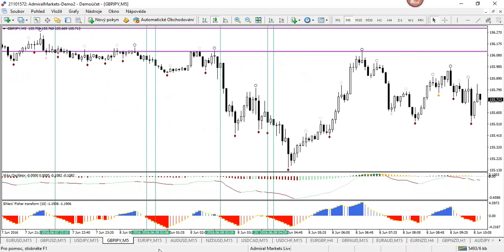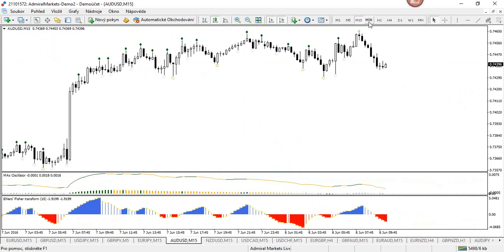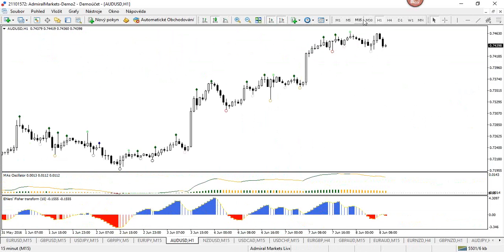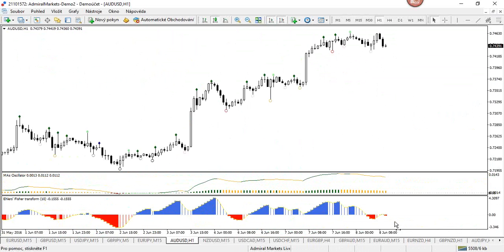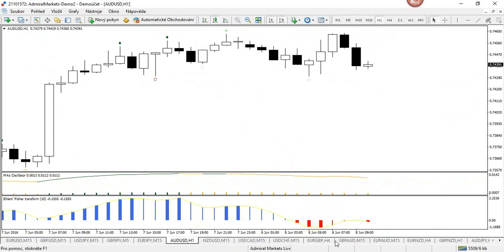All right, so let me give you an example. How about let's take a look at the Aussie. Let's see. All right. So we got momentum, but this is just, let me give you a better example.